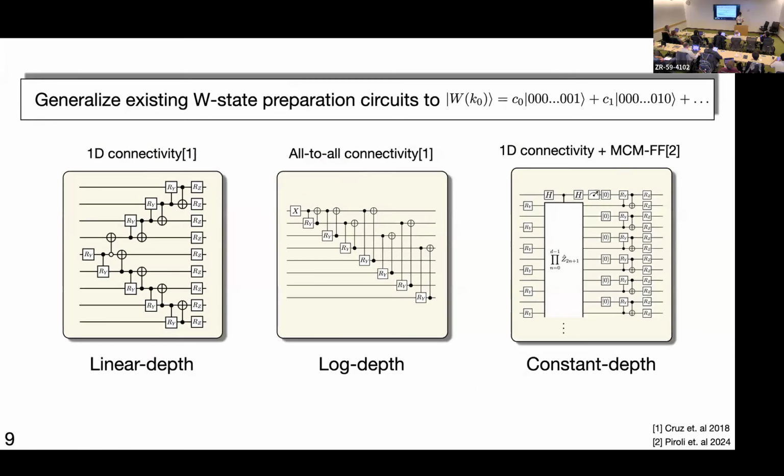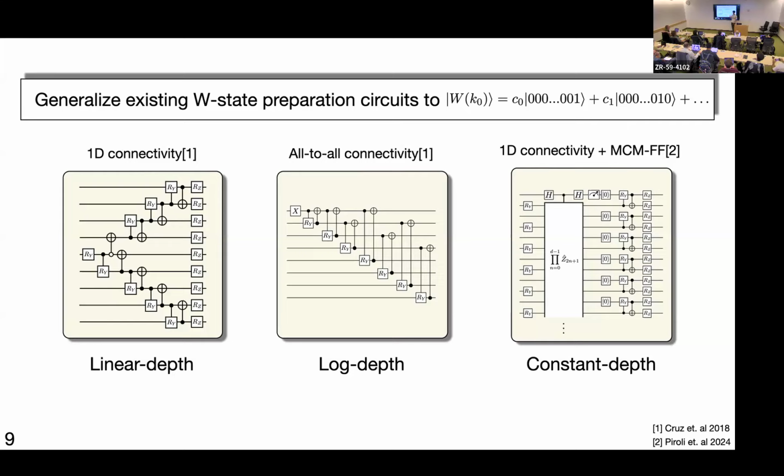So we're going to be able to leverage some existing methods that people have come up with for preparing these W states. In particular, if you only had a unitary circuit with 1D connectivity, then it's easy to show how you can have a circuit that has linear depth in the size of the wave packet you want to prepare. The fact that it's linear depth is telling you that it has this long-range entanglement.